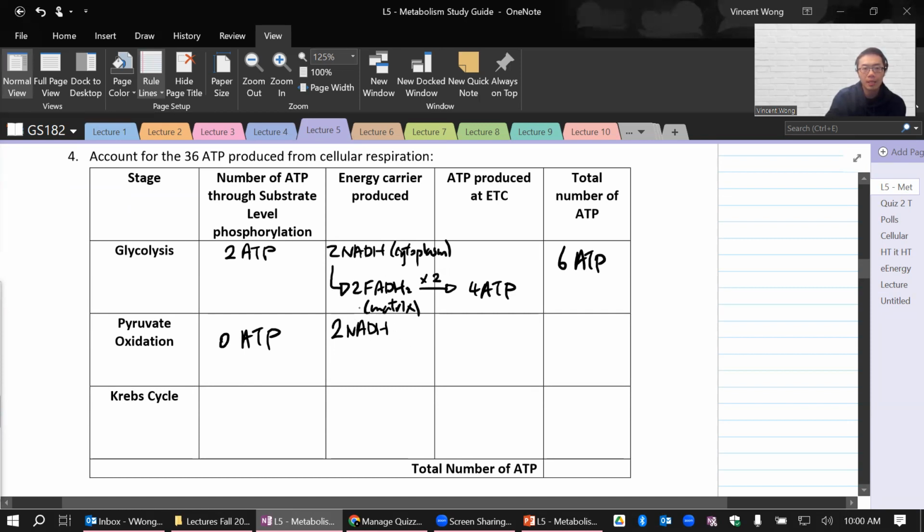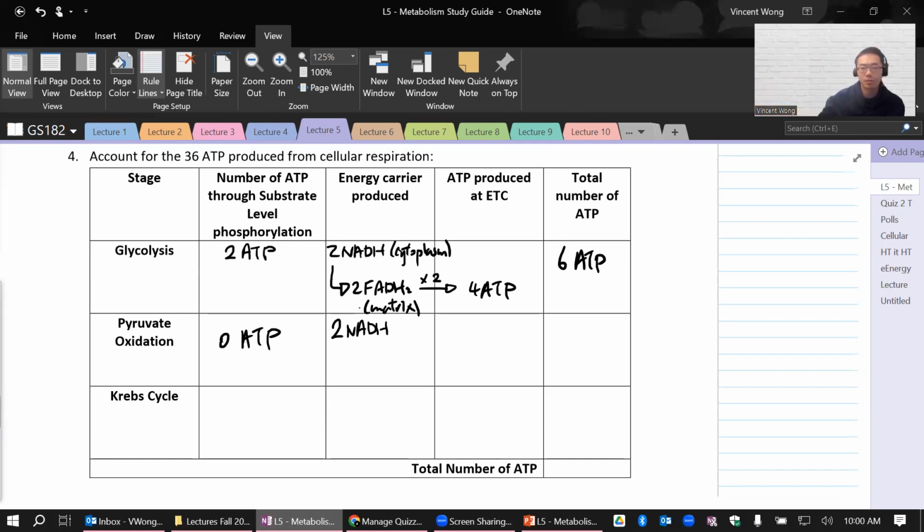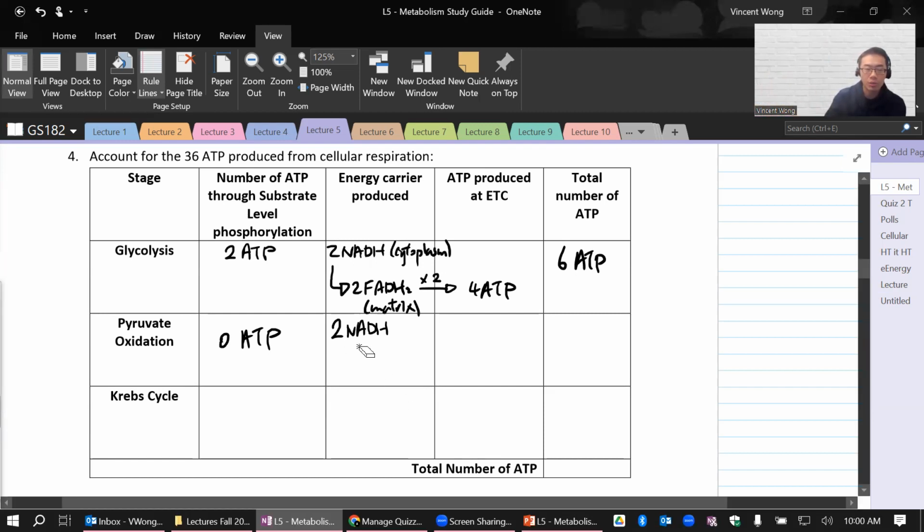It's 2 NADH because each glucose creates 2 pyruvate, and each pyruvate will produce 1 NADH. That's why it's 2, 1 from each pyruvate. We're going to multiply by 3, which gives me 6 ATP. 3 times 2 is 6. So that's just 6 ATP.